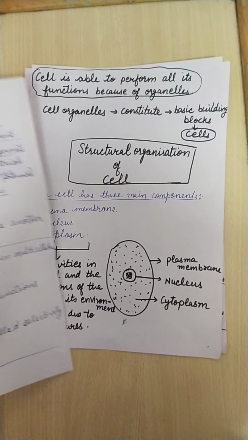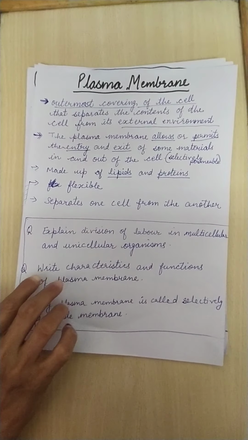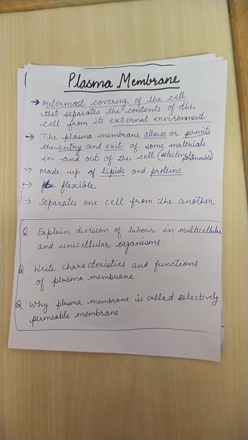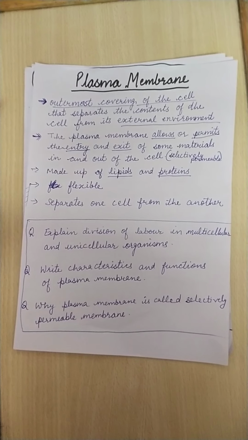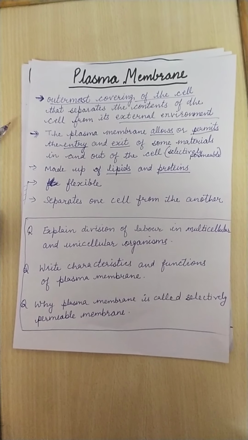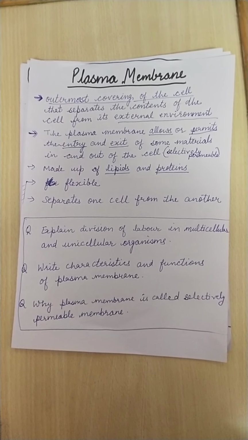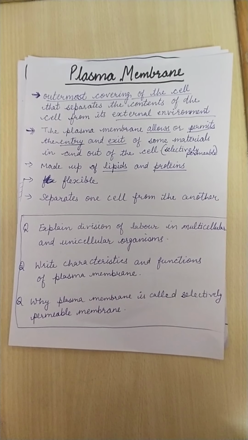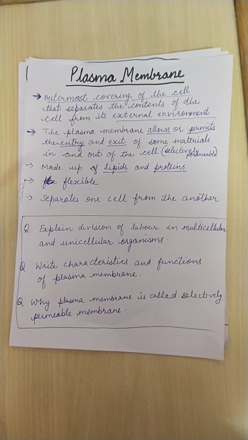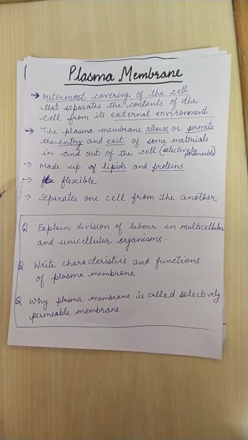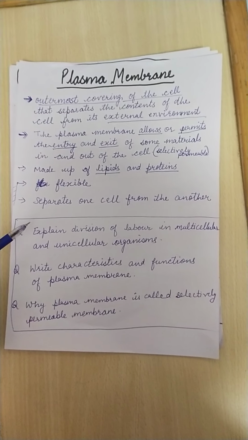Now we will discuss the characteristics of the plasma membrane. Number one, it is the outermost thin layer or covering of the cell that separates the contents of the cell from its external environment. Not only this, it also separates one cell from the other cell.